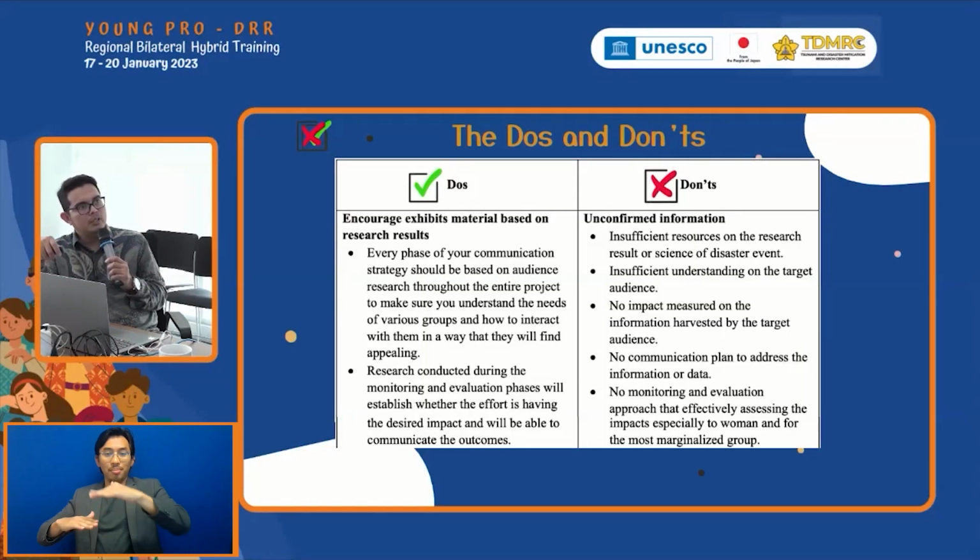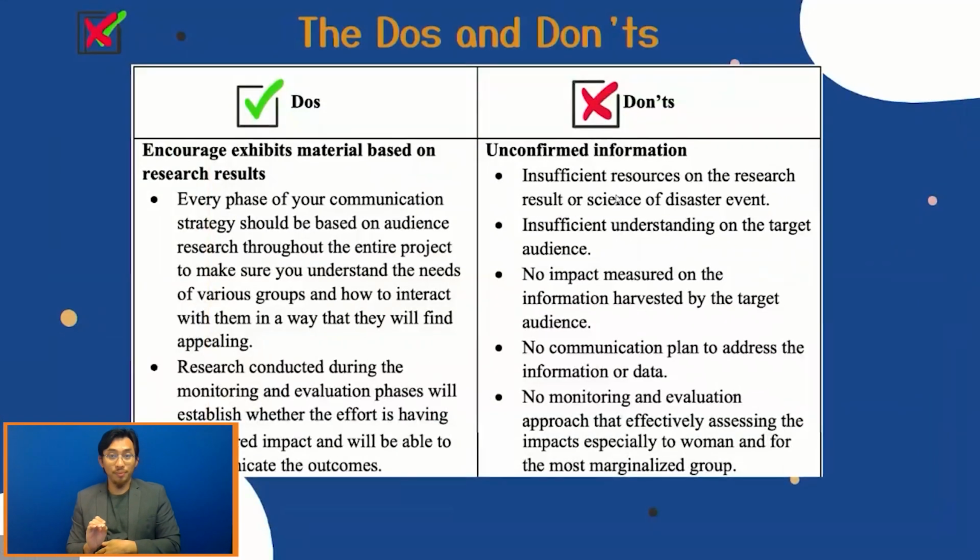Then if we check the do's and don'ts, first we need to encourage exhibit material based on research results. Even if we put ourselves as the curator, or we are just accepted as one of the curators at the museum, we need to learn what exhibition is being shown.